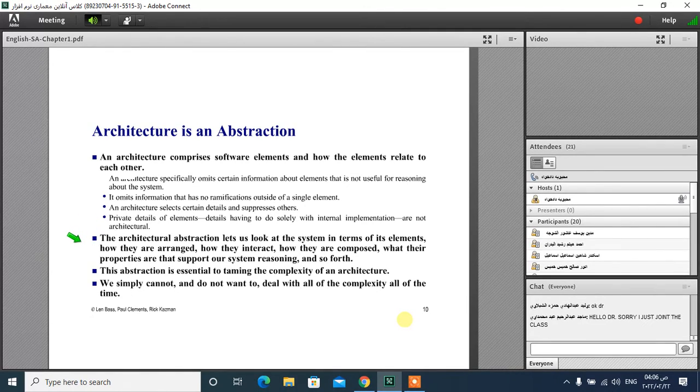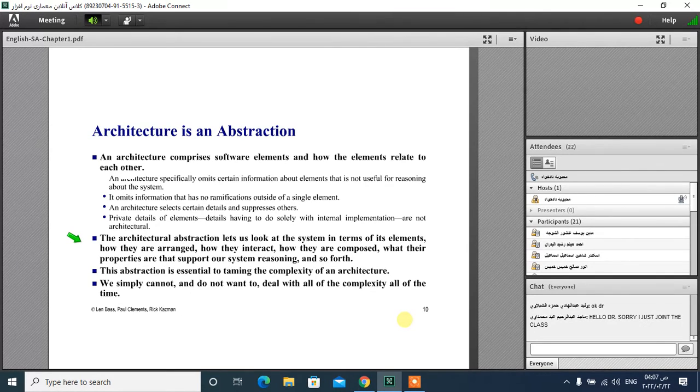The architecture abstraction is a good thing because it lets us look at the system in terms of its elements and not the details. We just look at how these elements are arranged, how they interact with each other, how they are composed, and we can look at their properties and how they support the system's reasoning. If we consider all the detailed information, we will be confused.